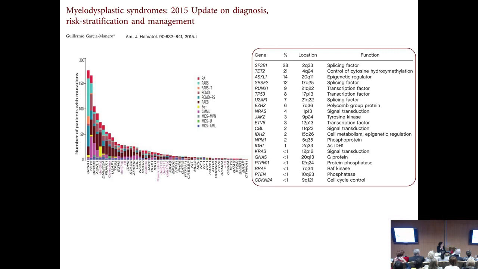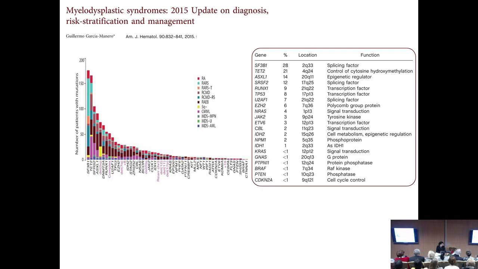With chromosomes, we see only about 40 to 50% which show clonal abnormalities, but if these genes are analyzed, it goes up to 90% or even higher. The function of the affected genes is very heterogeneous. We have genes involved in signal transduction and transcription factors, we have the splice factor genes, and many genes deal with gene methylation.